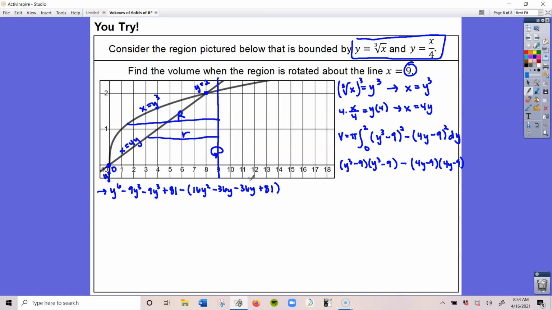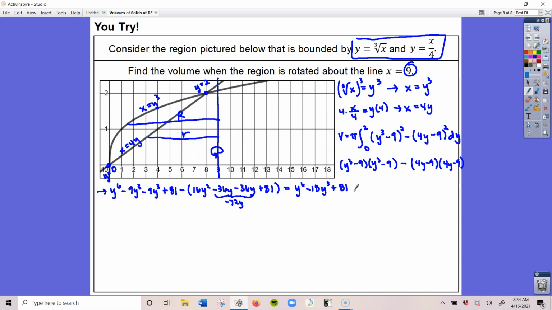So we can distribute the negative and then combine like terms. This is y to the 6th minus 18y to the third plus 81. These two, negative 36y and negative 36y, make negative 72y.